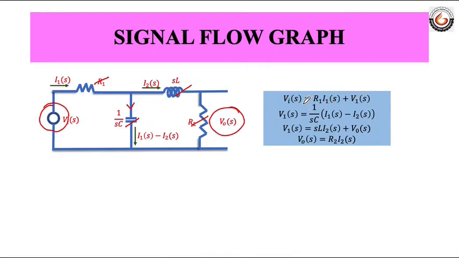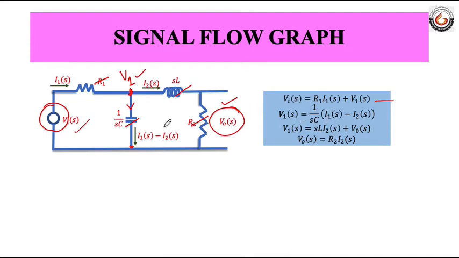So Vi is nothing but R1 I1 plus V1. I am just taking this node voltage as V1. So this is my Vi, this is my V1, this is my V0 or output. Okay, so in this loop, Vi is equal to I1 R1 plus V1. So this is my first equation.